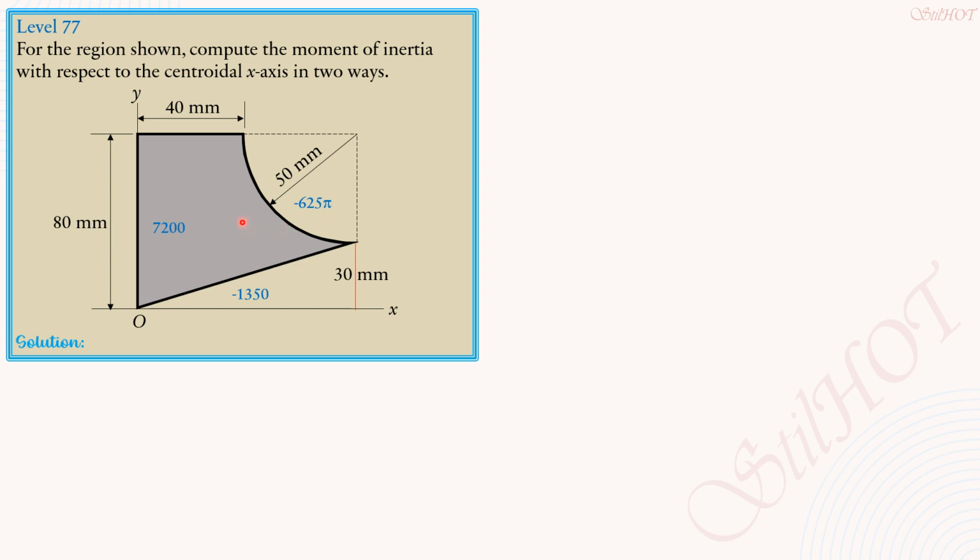This is the location of the centroid of the rectangle, which is half of 80 from the x-axis, 40 mm. For the triangle, 1/3 of 30, so 10 mm from the x-axis. For the quarter circle, from the top, the radius 4r over 3 pi, 4 times 50 divided by 3 pi, and that would be 21.221 mm.